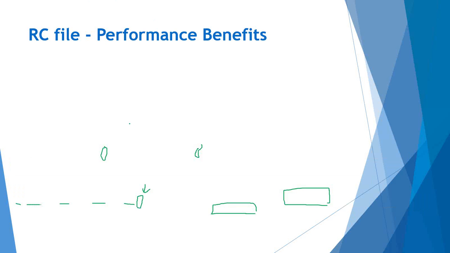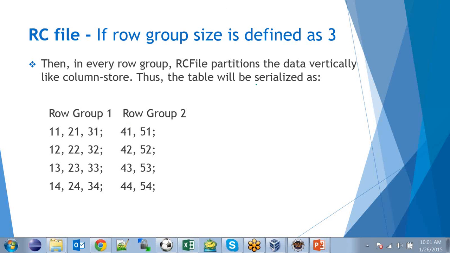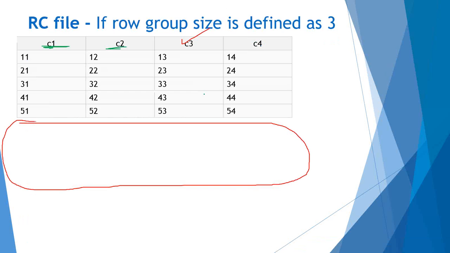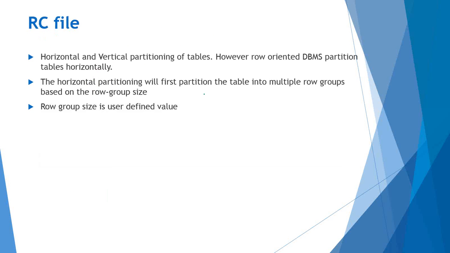So they not only do the vertical partitioning, they also do the horizontal partitioning of the data. Okay, so there are other statistics which are also written over here, nothing great. So we do horizontal and vertical partitioning of my tables. These partitioning row group sizes are user defined.